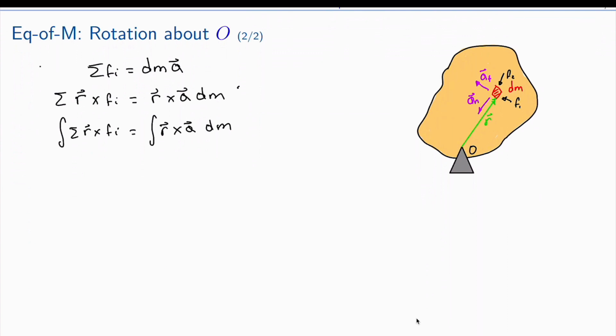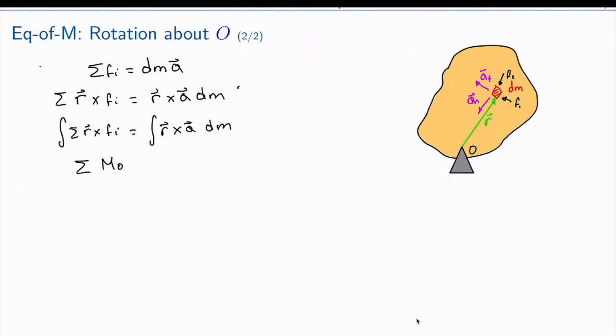Okay, so when we sum all of these little moments, a lot of the internal ones will cancel and only the external moments are going to survive. So let me put it in terms of the external moments. This is the sum of the external moments around O, because r is measured from the position O.